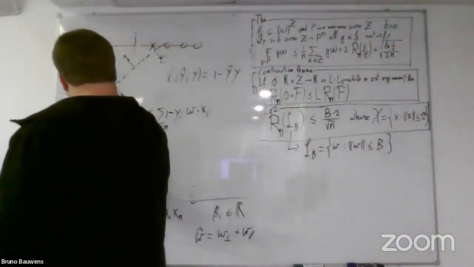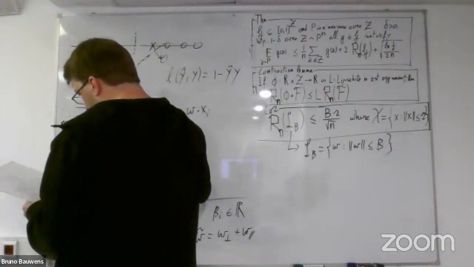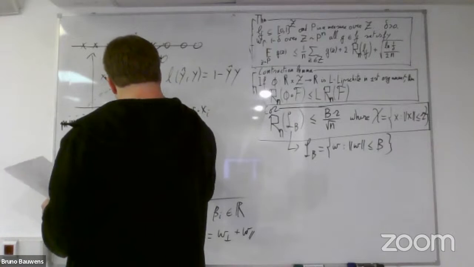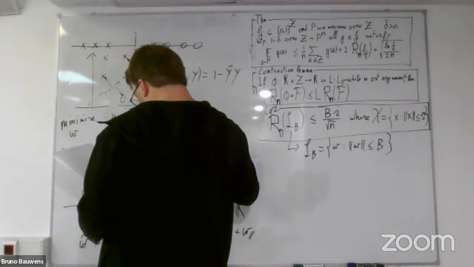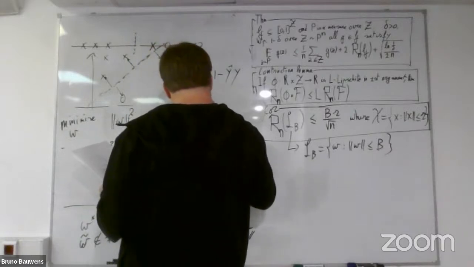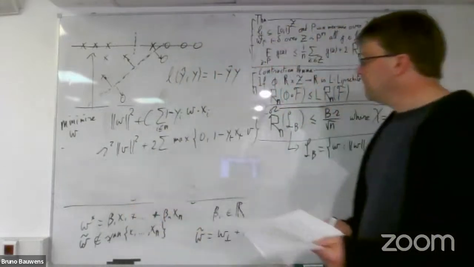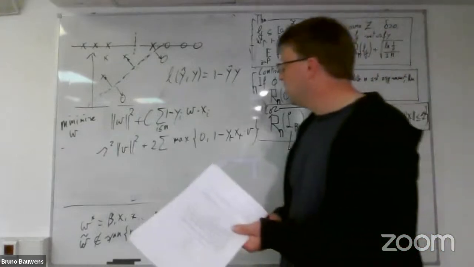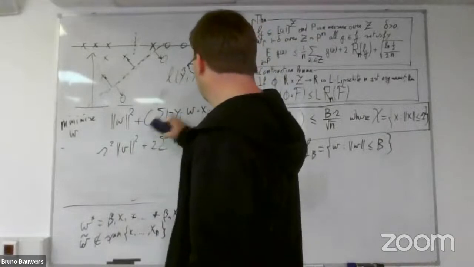It's R squared times B squared plus 2 times the sum of max of 0, 1 minus y x times w. Oh, I forgot the maximum in our objective function.